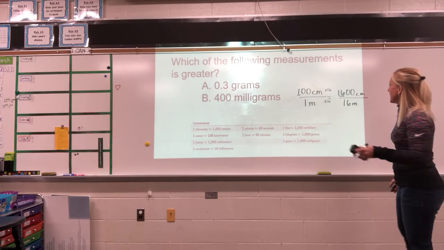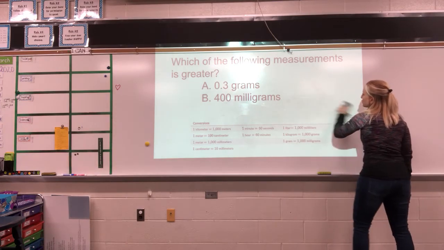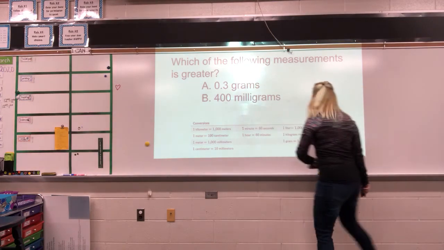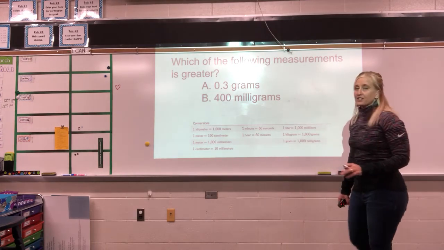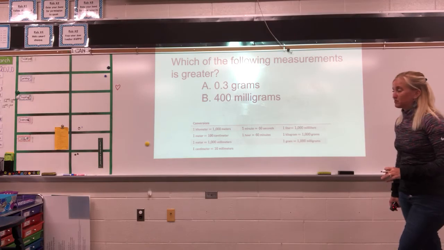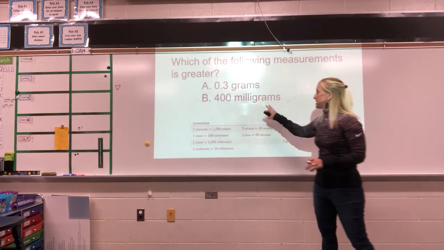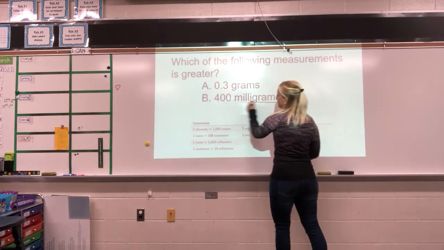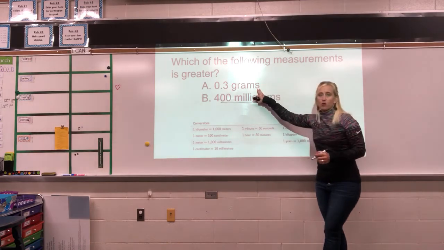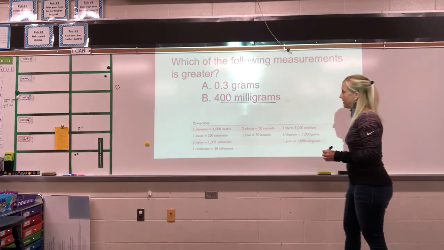Okay, so this next one asks us about grams. 0.3 grams, so 3/10 of a gram, or 400 milligrams. Now to help us on this one, I'm going to change both of them to my smallest unit. I already have this one in milligrams, and I want to figure out what this one would be in milligrams.